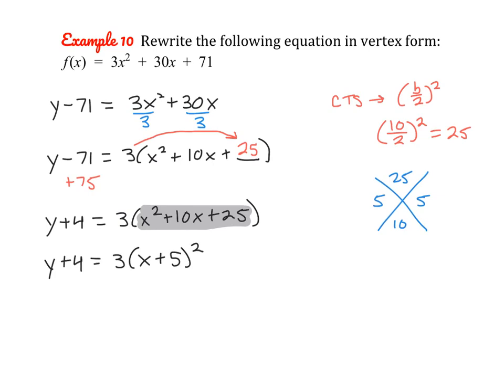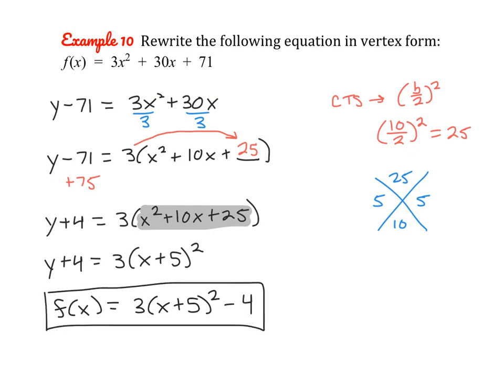Then our last step is to isolate y, so we need to subtract 4 from each side. And then I'm also going to rewrite this back in function notation. So 3 times x plus 5 squared minus 4. Now you can see it's in vertex form. Our vertex is at negative 5, negative 4, and it has that vertical stretch by a factor of 3.